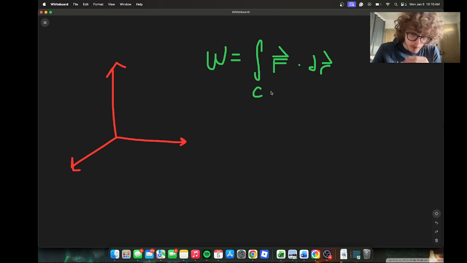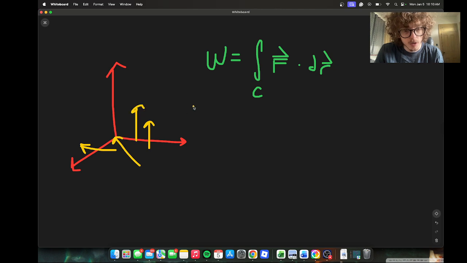So if you remember, work is equal to the force dotted with dr along some curve C. Pretty simple. And that just says if I'm going through some vector field, imagine there's all these little arrows pushing against our particle or pulling our particle. A vector field, right?